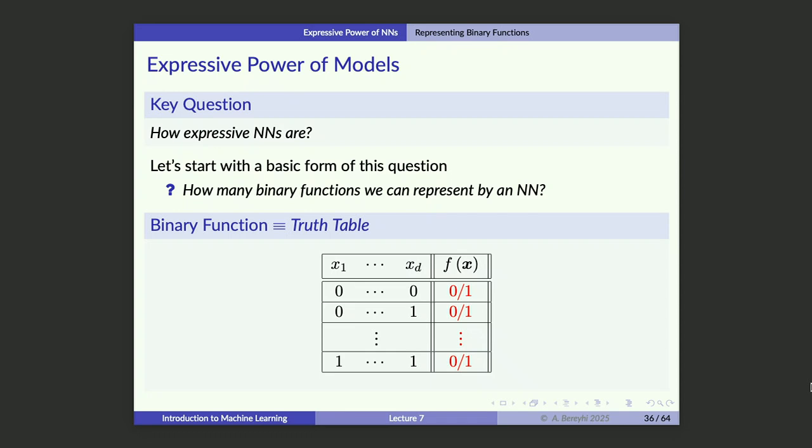This is the output function, f of x. This could have different inputs, and the number of possible inputs this function could get is 2 to power d, and every single one of them could be either 0 or 1. Now, how many functions do I have?